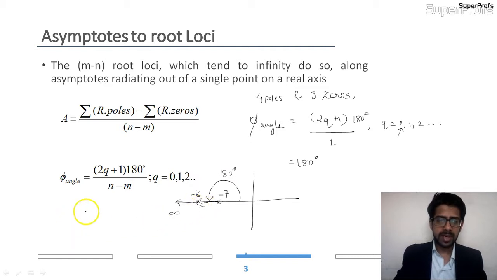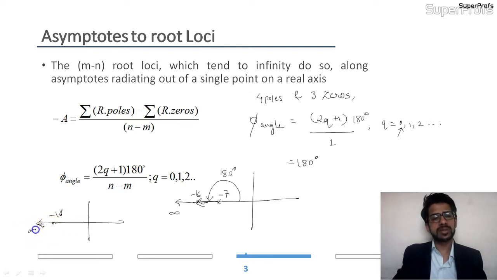It should be around minus 60. So you have this point minus 60 through which we are radiating out this particular root loci segment going towards infinity. The angle it makes with the horizontal is nothing but 180.